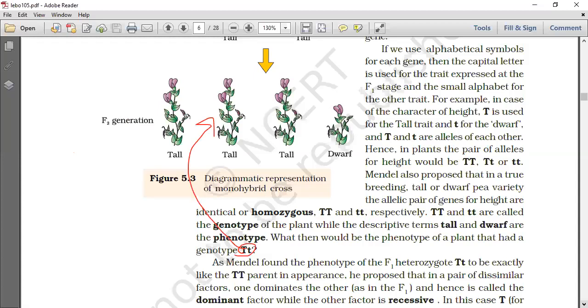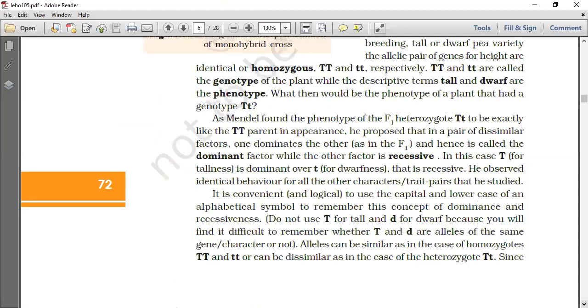Mendel found the phenotype of the F1 heterozygote, capital T small t, to be exactly like the capital T capital T parent. That means in genetic terms, a heterozygous tall plant is exactly the same as a homozygous tall plant in expression. There is no height difference in both.